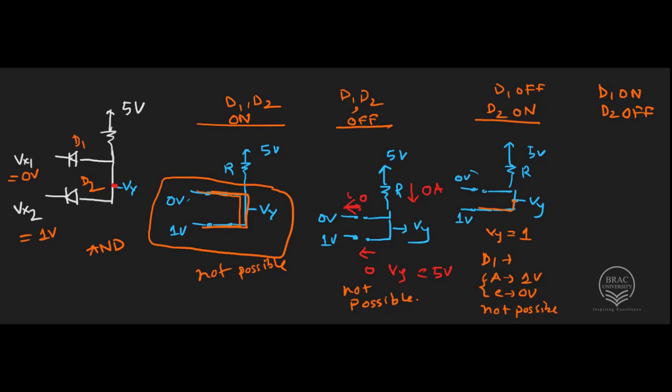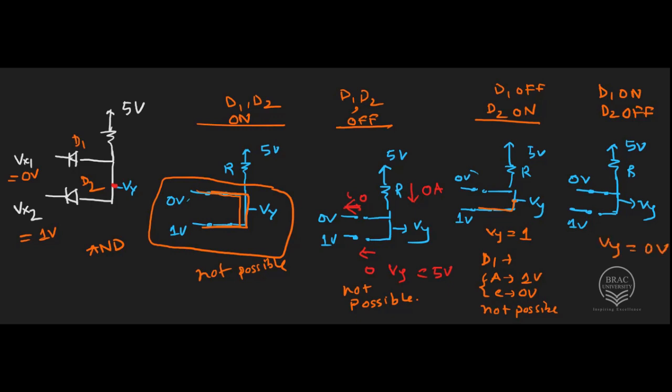Now if I consider this, then we can represent the circuit as 5 volt, R, diode D1 shorted this time as it is considered on, and D2 open. So this is 0 volt, this is 1 volt, and this is our output. As 0 volt and Vy are shorted, Vy will be 0 volt.